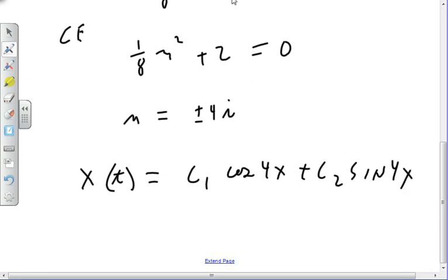Oh no, bad variable, t and x. X is over there.